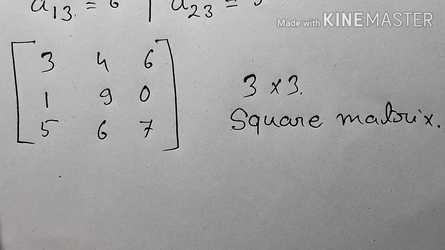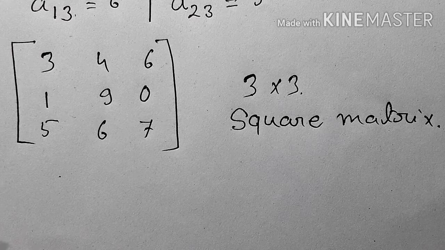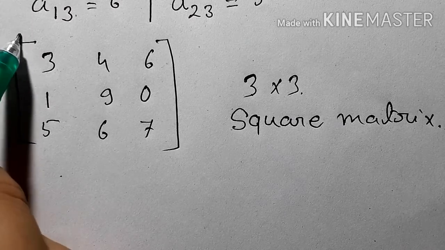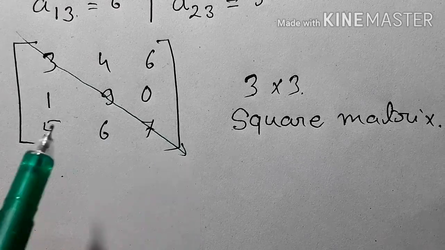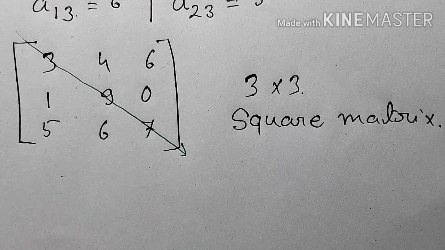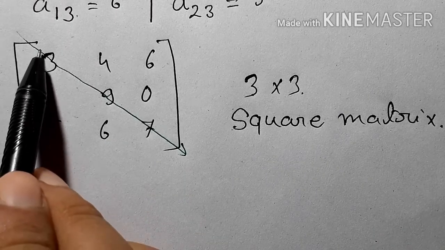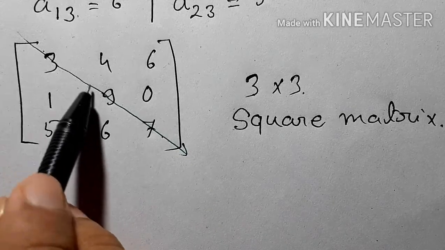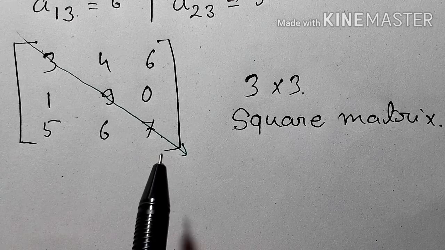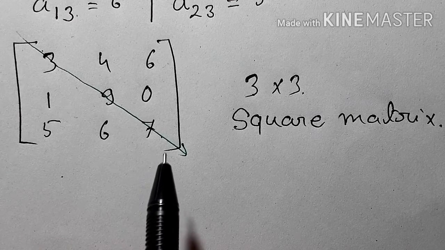So I have told that now I am going to discuss principal diagonal of matrix. Principal diagonal, that is from left top to right bottom. This one is the principal diagonal of matrix.